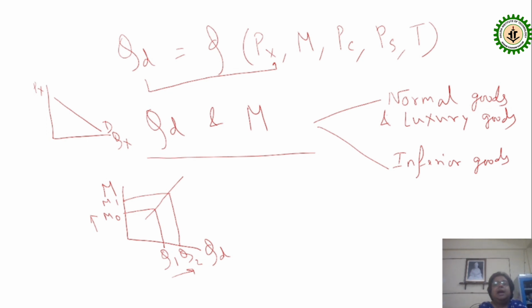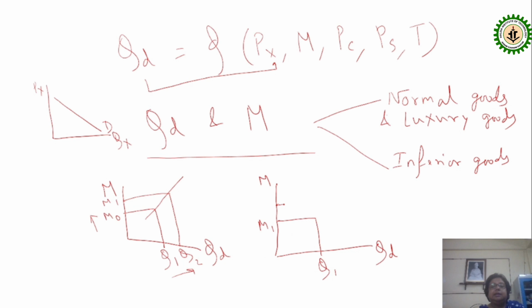Now come to inferior goods. What do we understand by inferior good? If income increases, we will purchase less. Considering income and quantity demanded, suppose this one is M1 and Q1, the initial bundle of income and quantity.